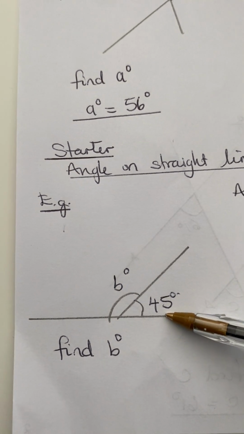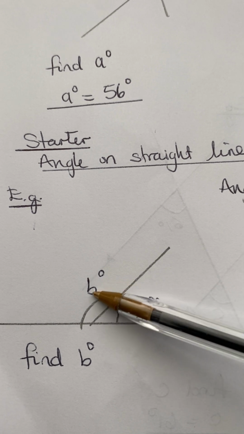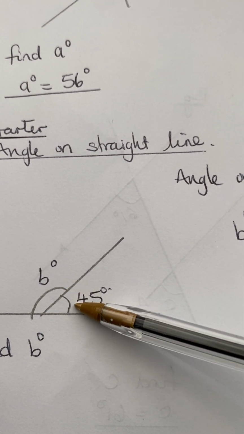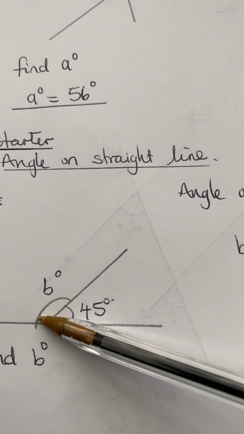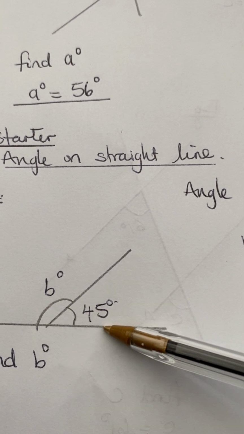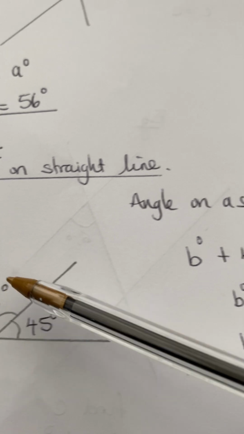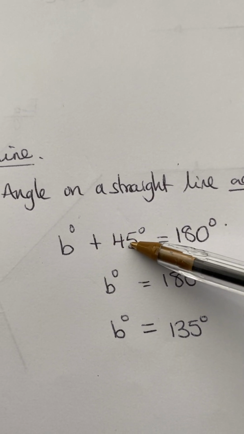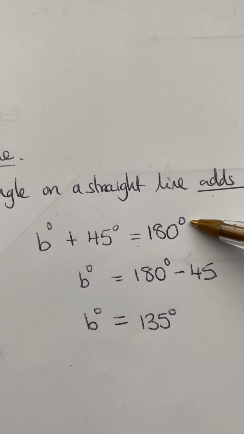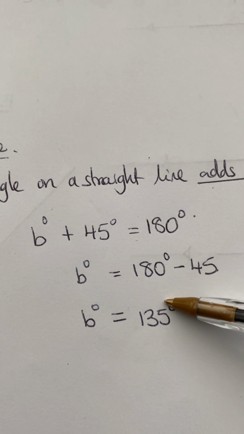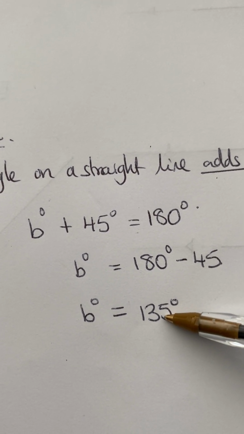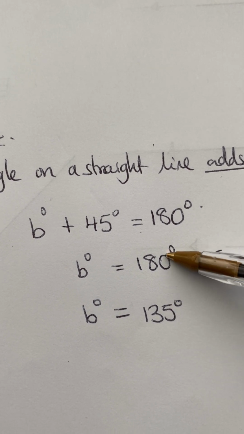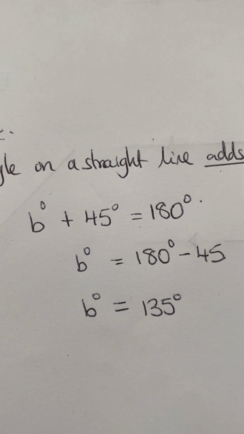Okay, so now if I'm asked to find B, and this is 45, then all I have to do is to take 45 from 180. So B plus 45 is 180. So B will be 135 if you use your calculator, or this is easy, which you can do.